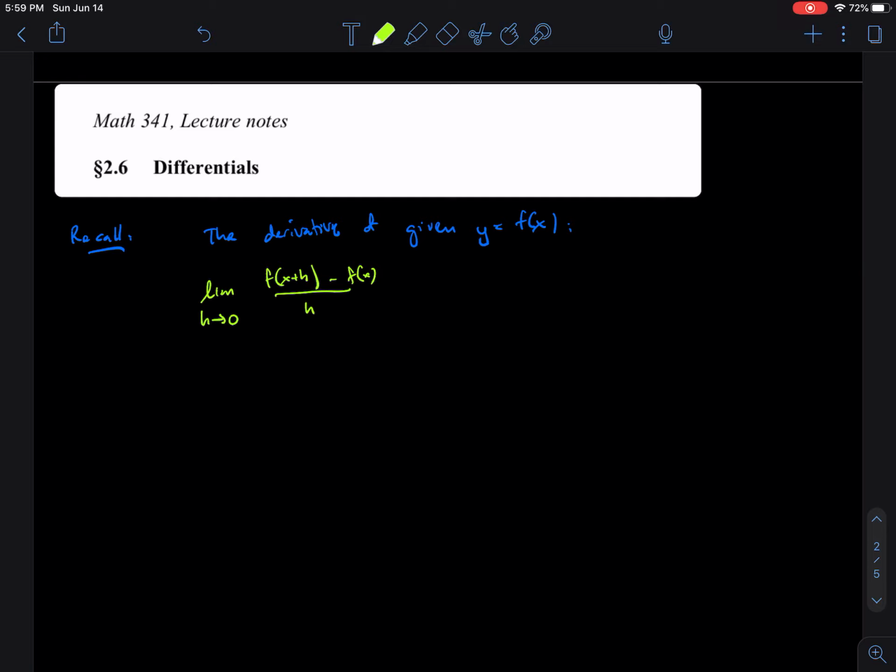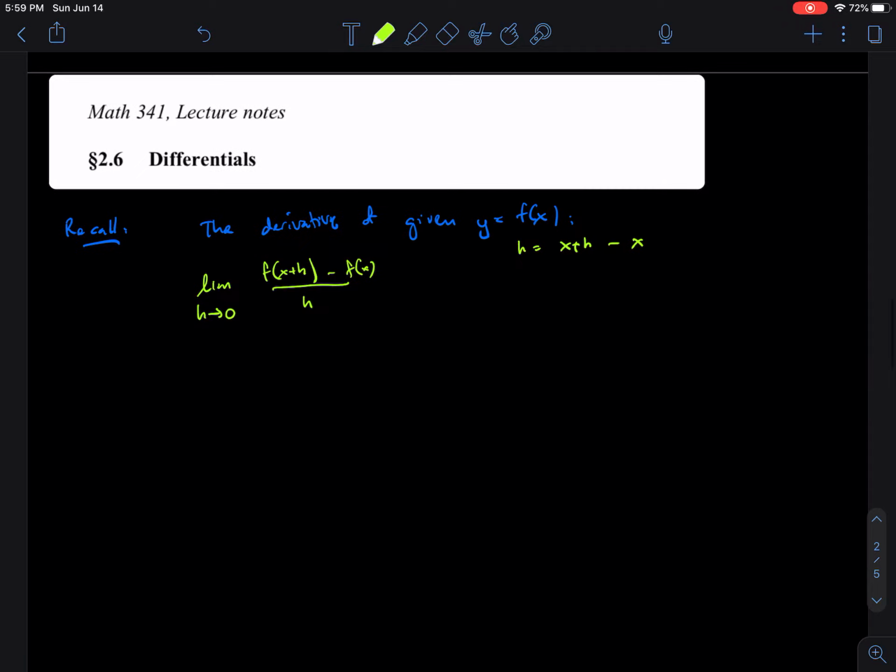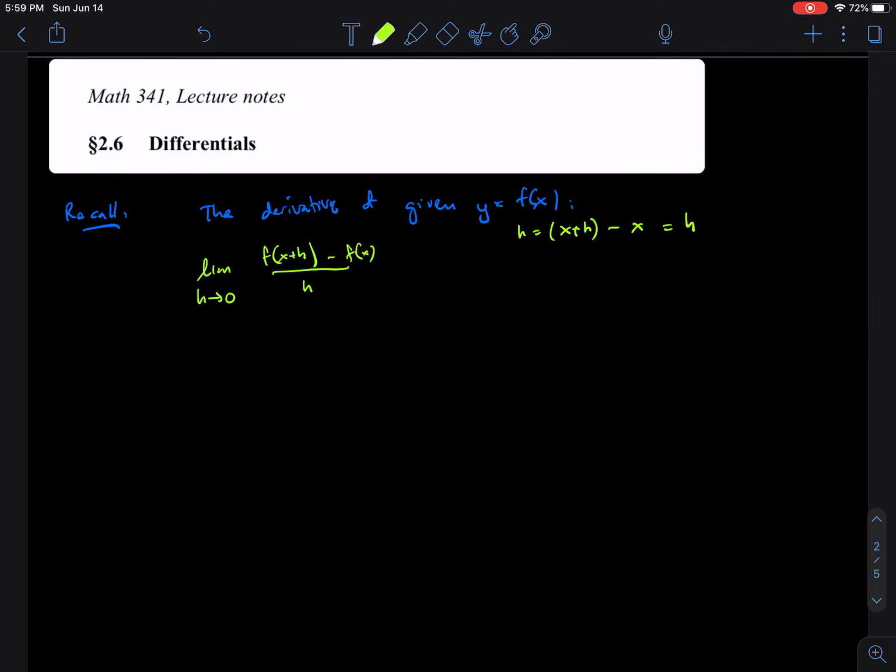So h is literally just the difference between the two x values, the change in x. That was the limit definition of the derivative from the previous lesson.